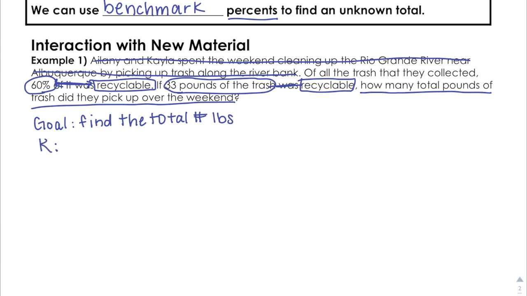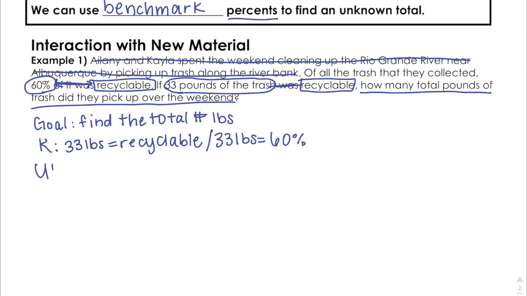If I go back to the text and look at what I annotated, that's going to tell me the things that I know. I know that there were 33 pounds of trash that were recyclable. So I'm going to put 33 pounds equals recyclable. We also know that those 33 pounds is equal to 60%.